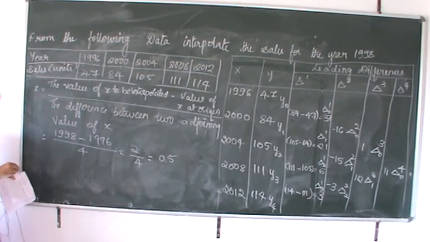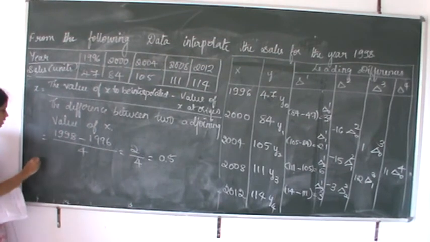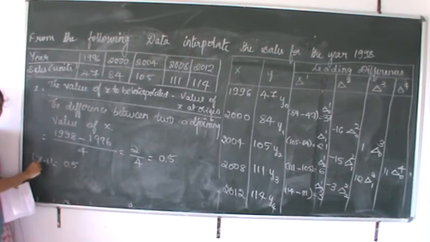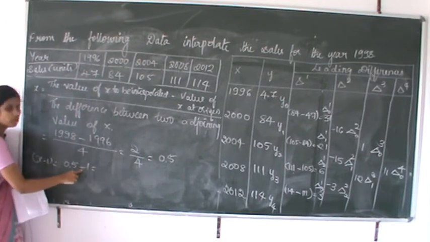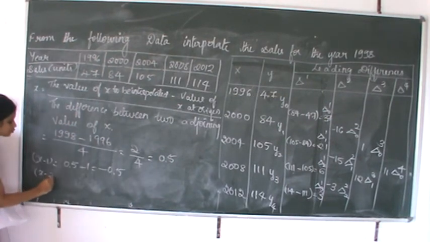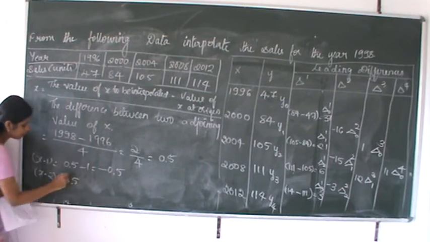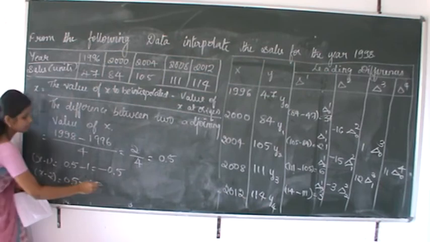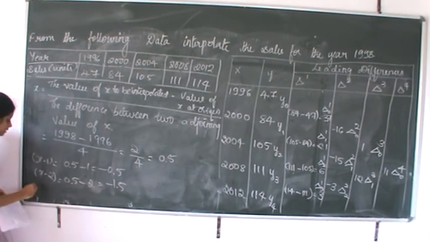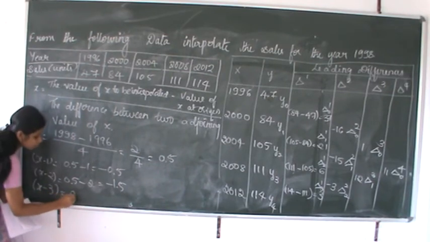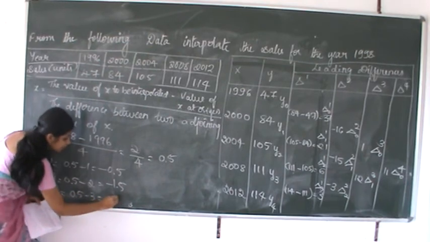Now in the formula, next you need x minus 1, that is 0.5 minus 1, it is minus 0.5. Next x minus 2, 0.5 minus 2. When you deduct it will be minus 1.5. Next x minus 3 is equal to 0.5 minus 3, is equal to minus 2.